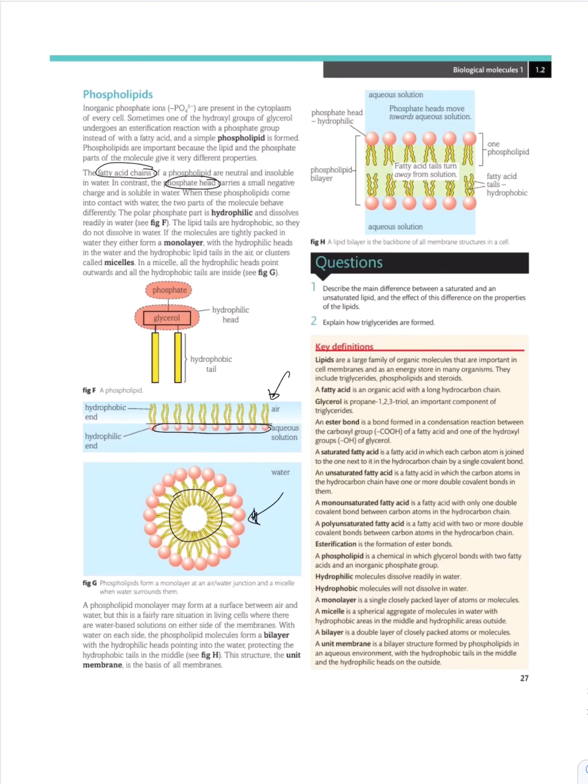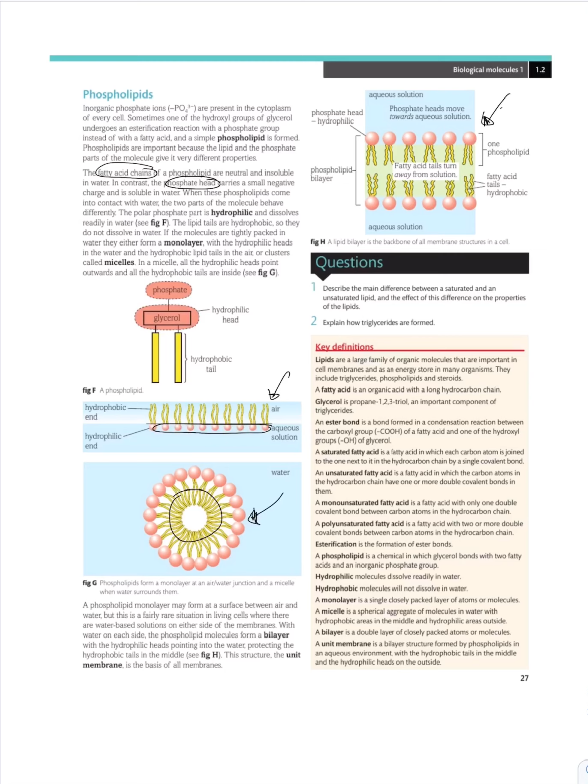With water on each side, the phospholipid molecules form a bilayer with the hydrophilic heads pointing into the water, protecting the hydrophobic tails in the middle. This structure, the unit membrane, is the basis of all membranes. And so this is what your membrane looks like.